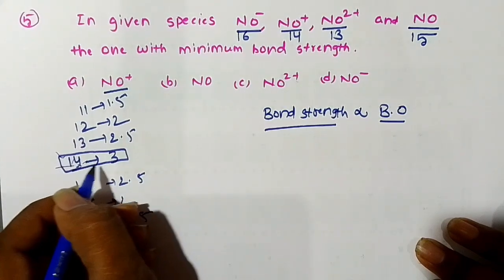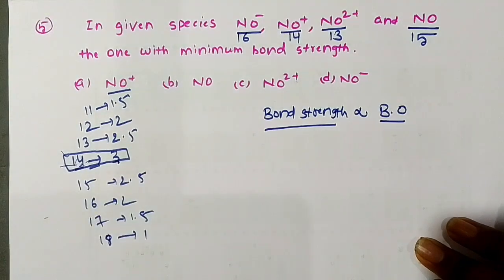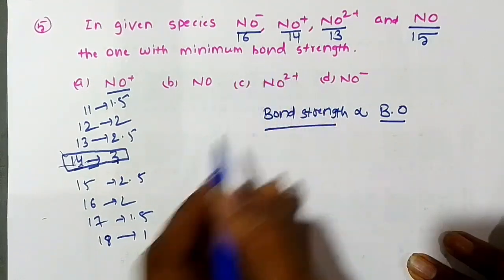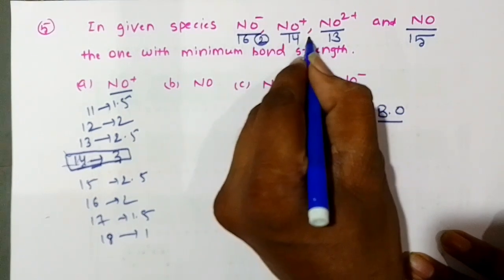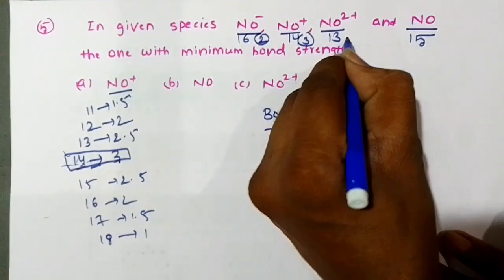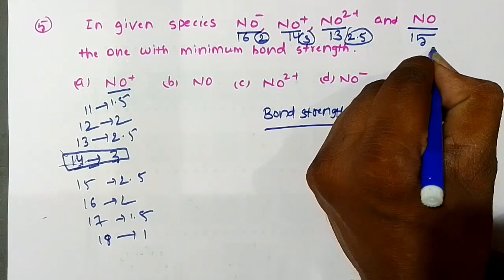So we should remember this. Now NO negative, 16 electrons, the bond order is 2. 14 electrons, the bond order 3. 13 electrons, the bond order 2.5. 15 electrons, the bond order 2.5.